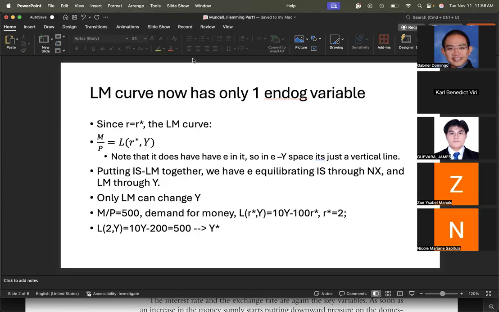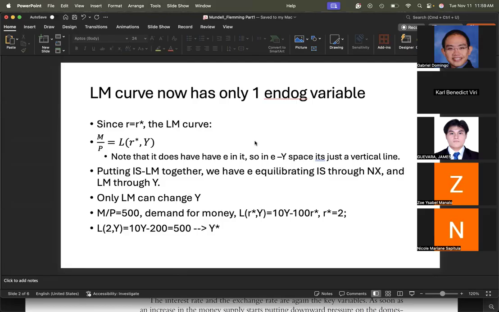And the left-hand side is, ano yung interpretation ng left-hand side? We call that the money supply, real money balances supply, right? And because there has to be equilibrium in the demand for liquidity market, pag tumaas ang supply, dapat tataas rin ang demand, right?